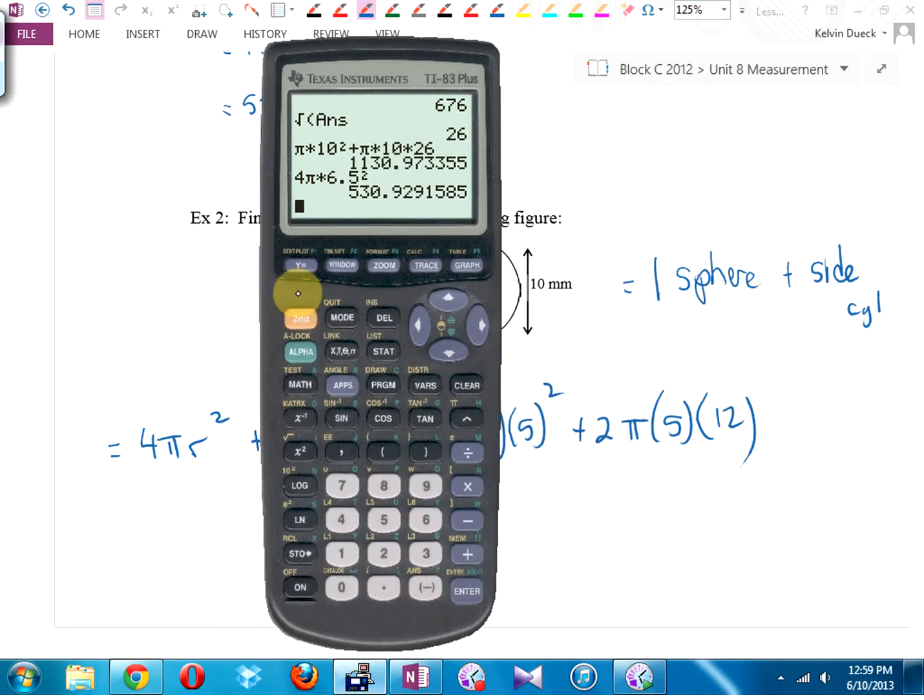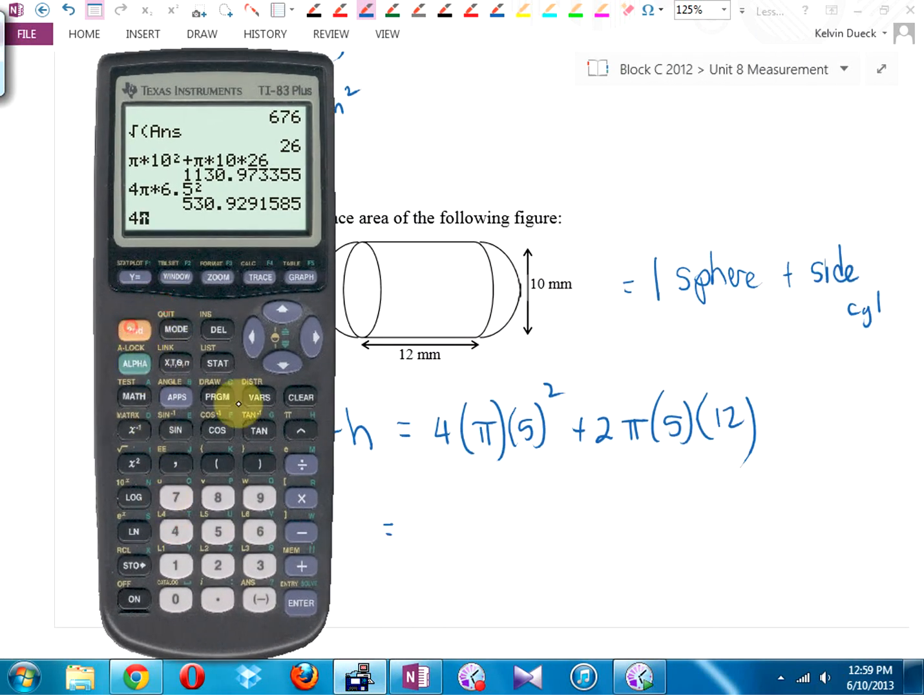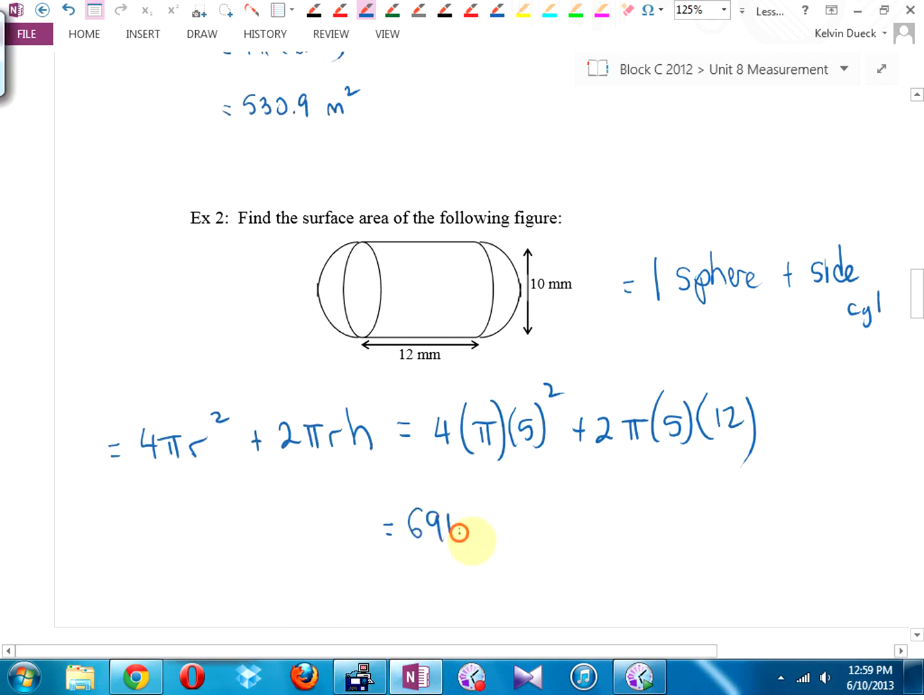Surface area of this composite shape? 4 times pi times 5 squared plus 2 times pi times 5 times 12. 691.15. So, if they give you a composite shape, don't freak out.